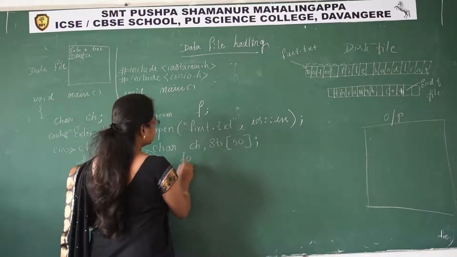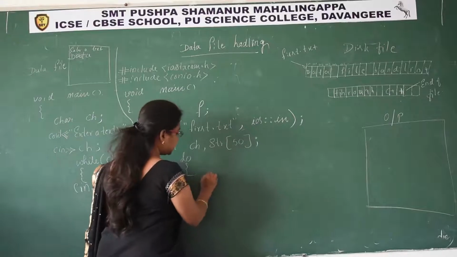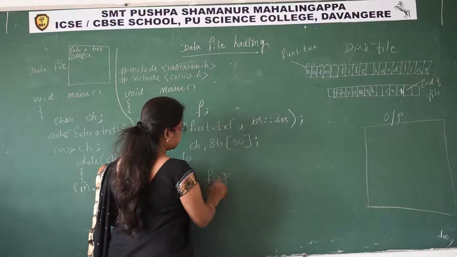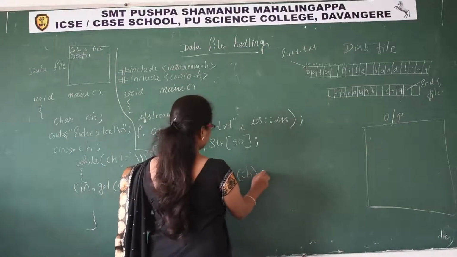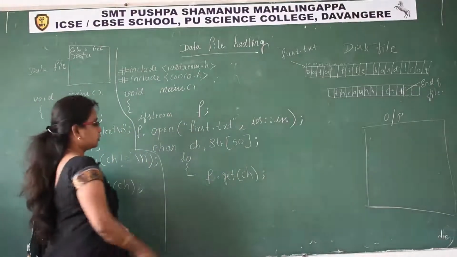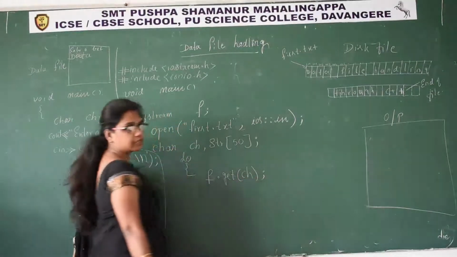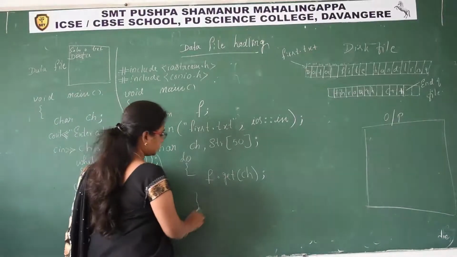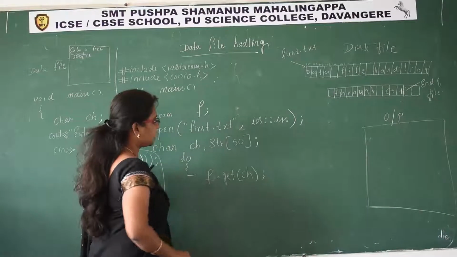Okay, do. f dot get of ch, semicolon. What is there in the ch? D is there. Okay. So after that I have to store this ch into this array, the str array.